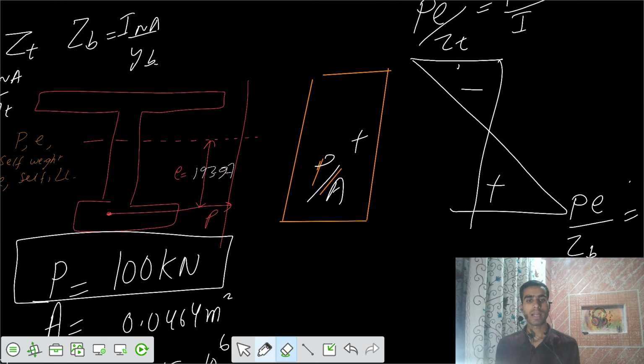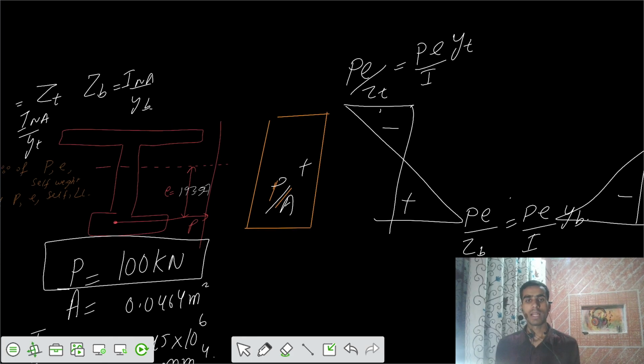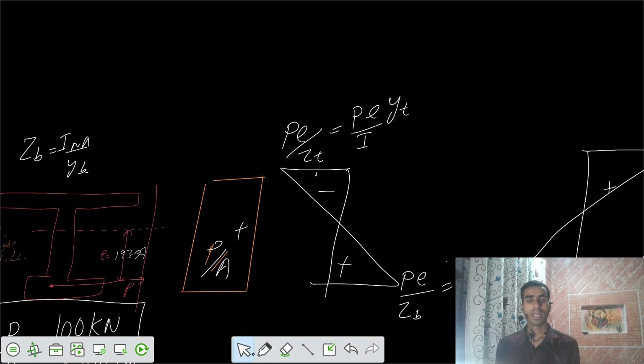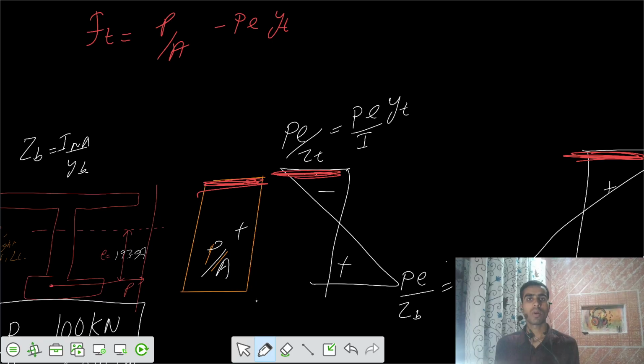So your first one is P by A. Let's calculate those individual values separately. If I say F top, what is the value of F top? What is the stress at the top fiber? I would say that is P by A minus P E Y top by I plus M dead Y top by I. So let's go for those values.